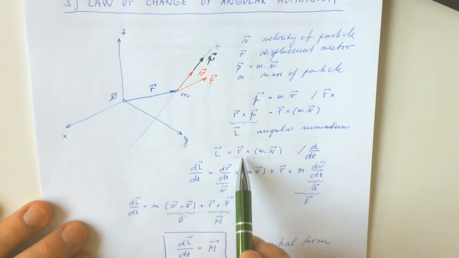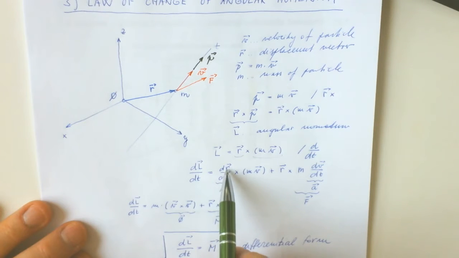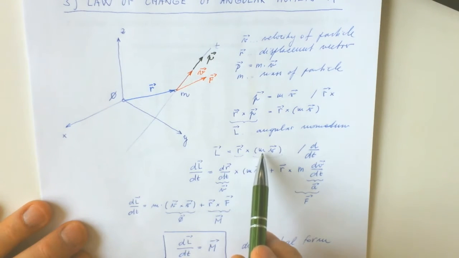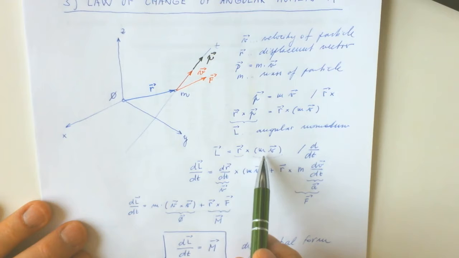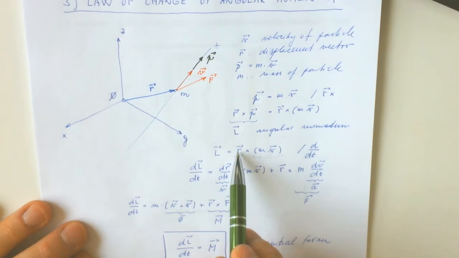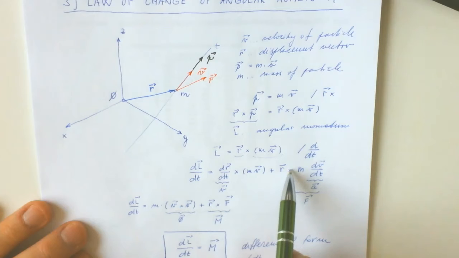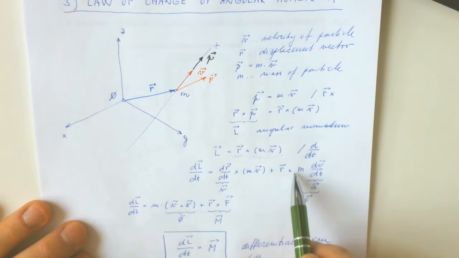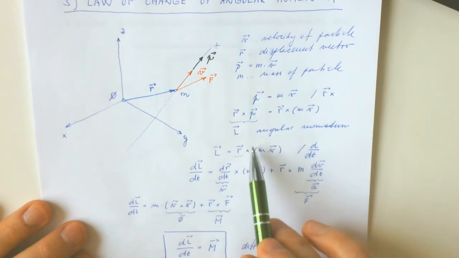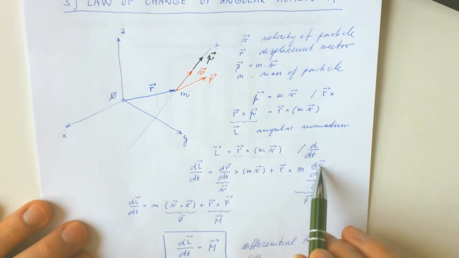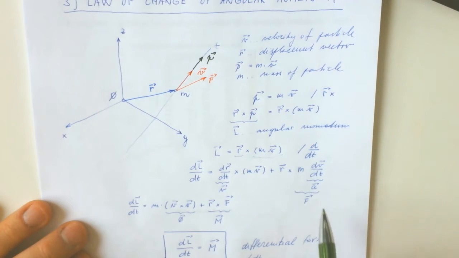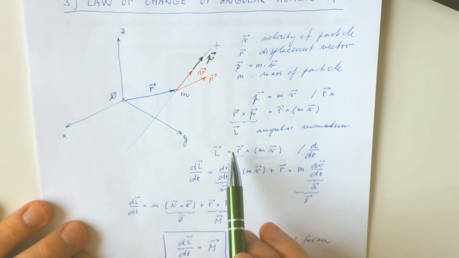We use the derivative of the first term, dr over dt, by, and we rewrite the second term as it was here, plus, and we rewrite the first term, with this vector multiplication sign, and take the derivative of the second term. So it is m, it is constant, it's out of the derivative, and dv over dt. Okay, so this is the derivative of this equation.